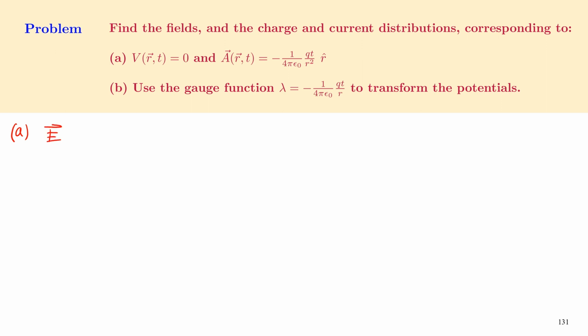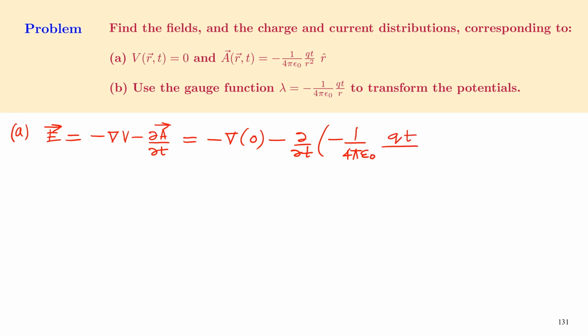Here E is equal to negative of del V minus ∂A/∂t, and since V(r,t) equal to 0 as given in the question, this is negative of del 0, then negative of ∂/∂t of negative 1 by 4 pi epsilon 0 times Qt over r square r hat.